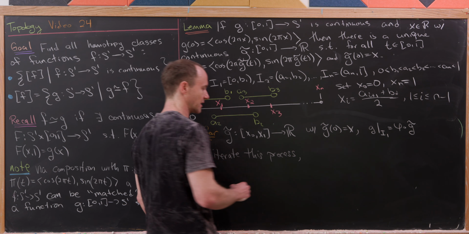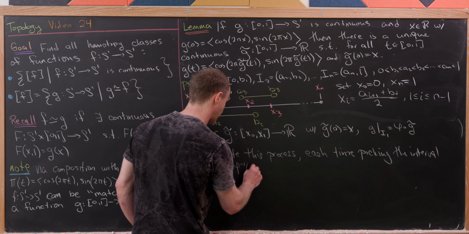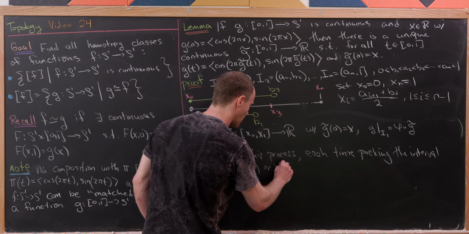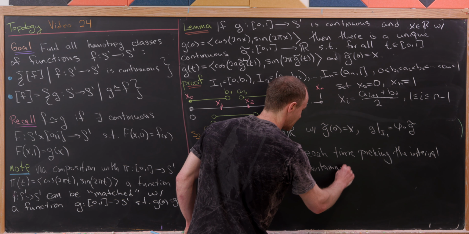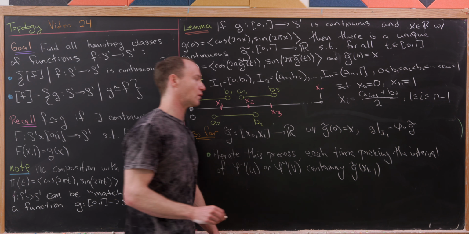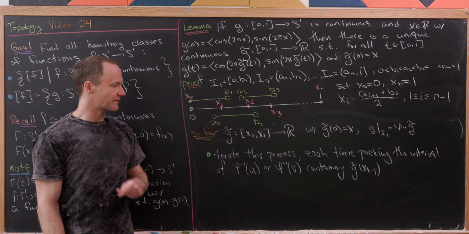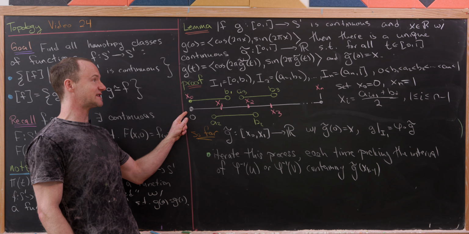So let's see how that goes. Each time we'll pick the interval of either the preimage of U or the preimage of V containing G tilde of x_{k-1}. And this is an iteration of the process because G tilde of x0, well, that's just G tilde of 0.